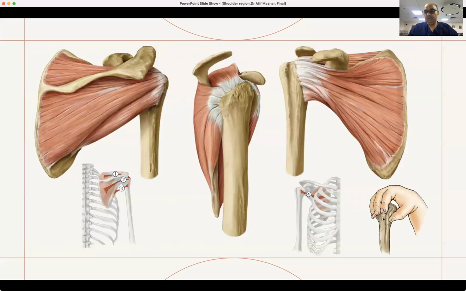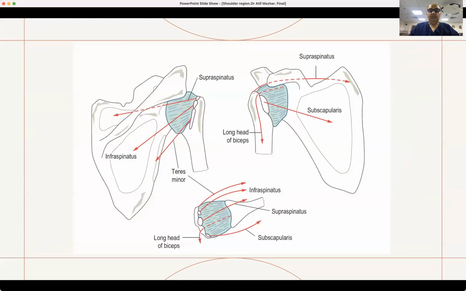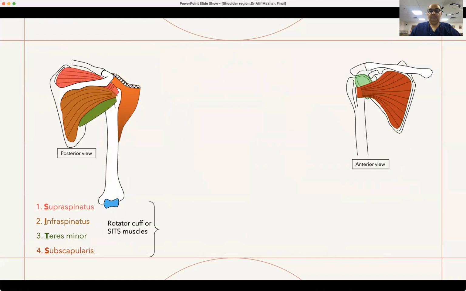And look at it, this is SITS. There you can see supraspinatus, infraspinatus, teres minor, and this thumb is going for subscapularis. You hold a humerus and you can do that. Now look at how they are connected and how they are stabilizing, keeping this humerus towards the glenoid cavity, the glenoid fossa of the scapula.